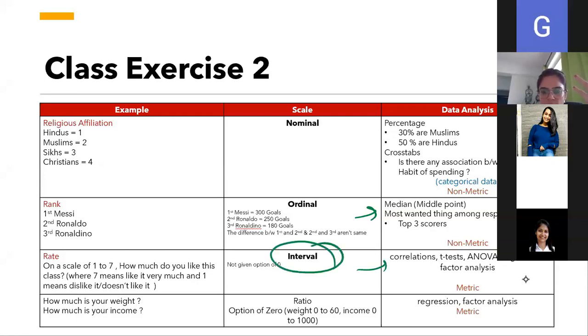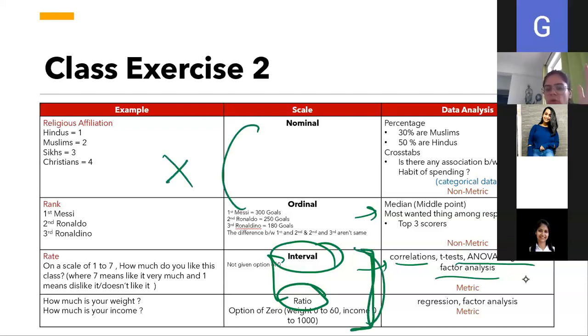So interval and ratio give you more power in terms of doing high level or advanced analytics, or advanced level of statistics. Through the interval and ratio scale, for example, you can do correlation, t-test, ANOVA, factor analysis, regression and cluster analysis. But not from this data.